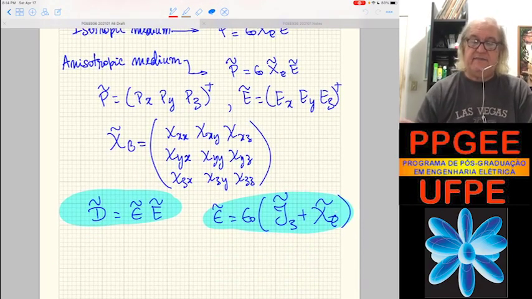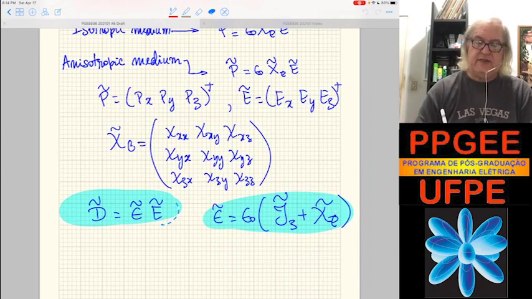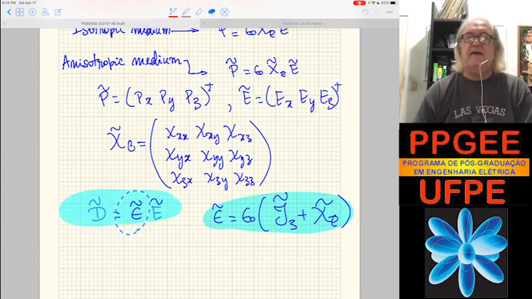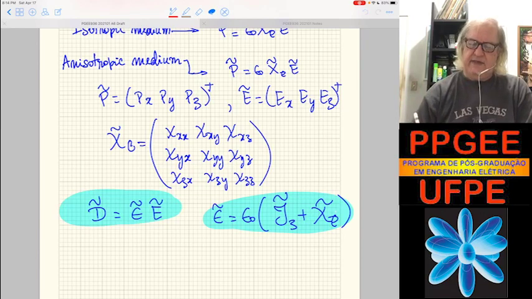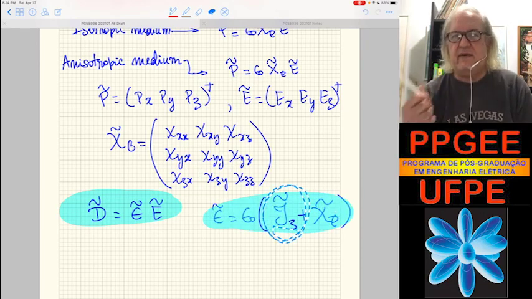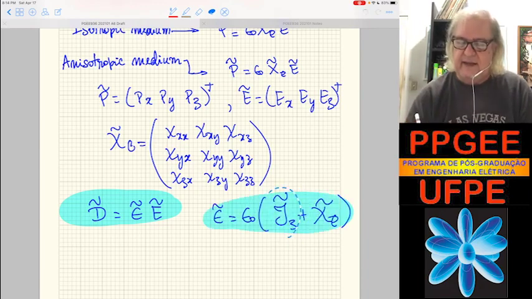And what we have is that the relationship between D and E also is a 3 by 3 dielectric tensor, which can be written like this. This is the constant 1 in a matrix form for the dimension 3, right? 3 by 3.